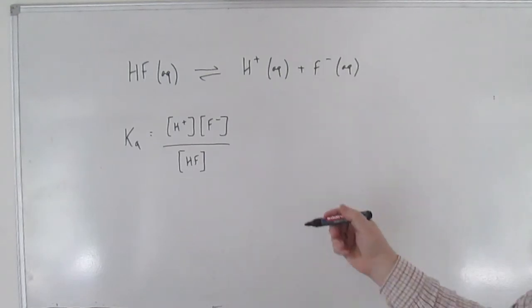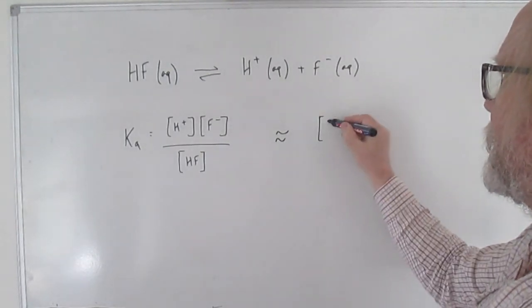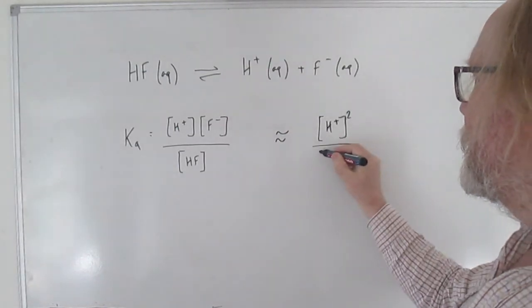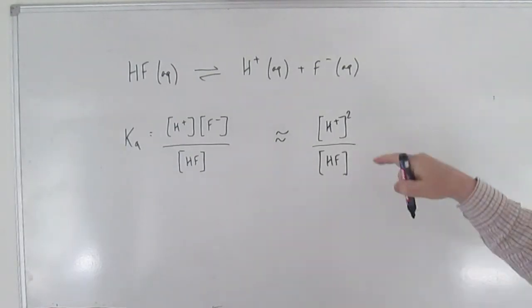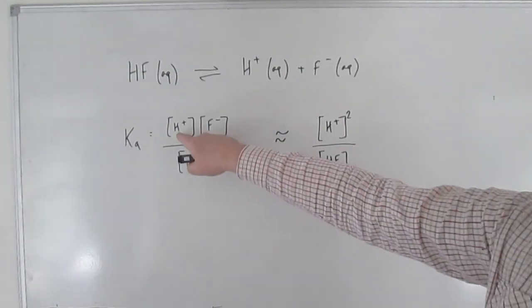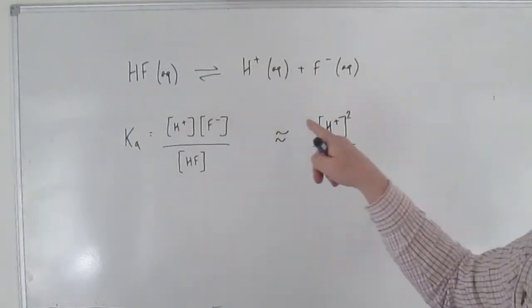Putting those approximations into effect, we say that that's approximately equal to H plus squared over HF, where the change in the top line came from that first approximation that we're assuming that these two concentrations are the same, and if you multiply together two numbers that are the same as each other, it's the same as just squaring one of them.